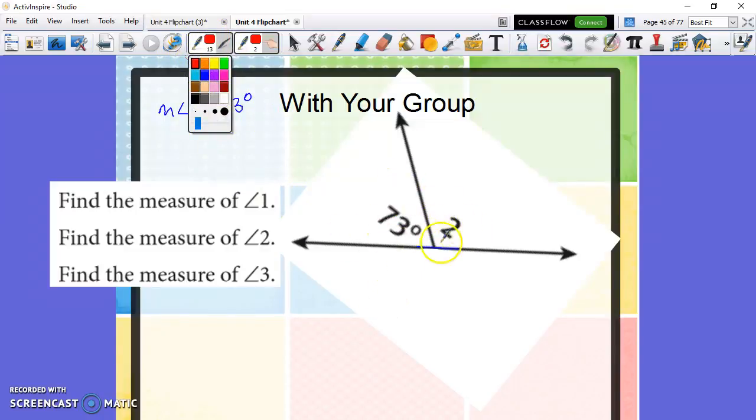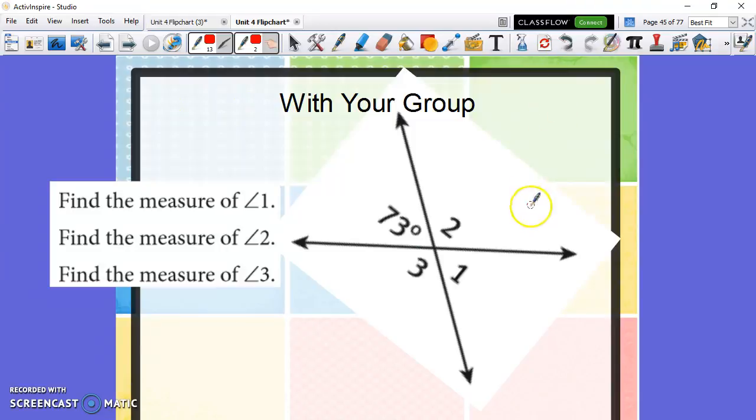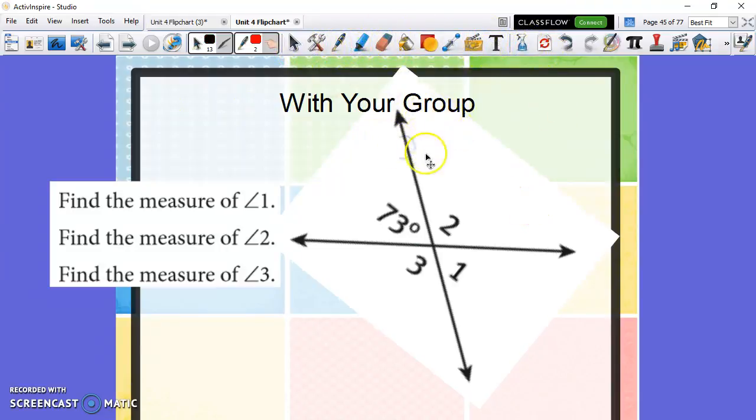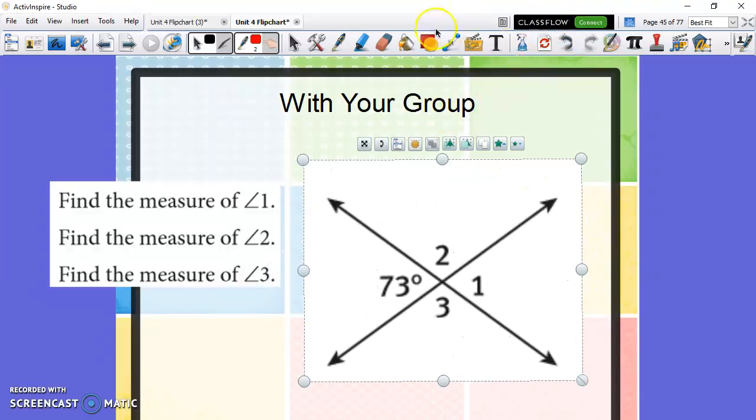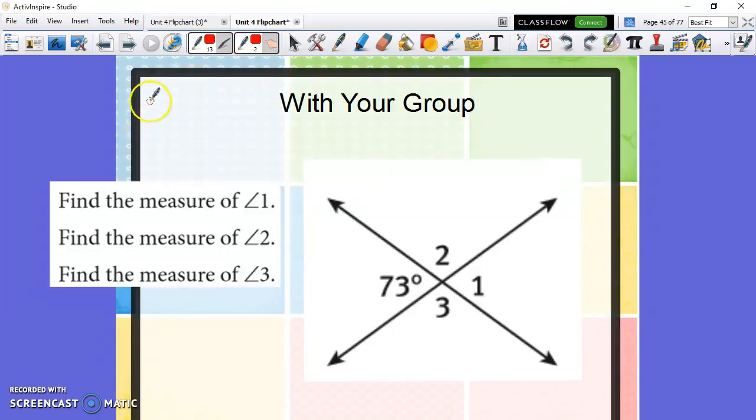So that's how we're going to find the angle that is adjacent to it. So we'll go ahead and bring this back and rotate this back. All right, so we have that the measure.